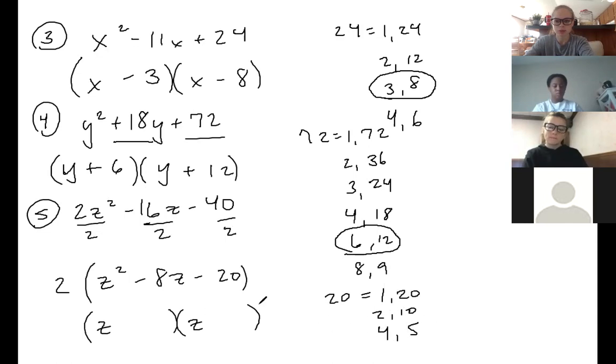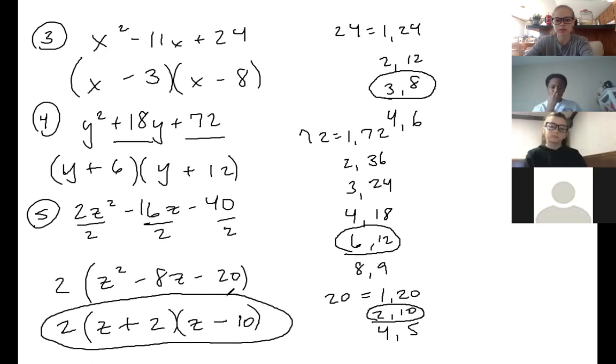Okay, which ones combined will get me an 8? That would be 10 and 2. What should my signs be though? Well, that has to be a negative 10 and then add 2 to that to get the negative 8. Negative 10 times 2 is negative 20. And don't forget the 2 that you factored out at the beginning. Any questions on these 3?